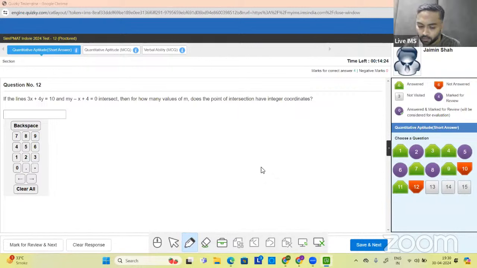Let's move forward. If the lines 3x plus 4y is equal to 10 and my minus x plus 4 is equal to 0 intersect, then for how many values of m does the point of intersection have integer coordinate?